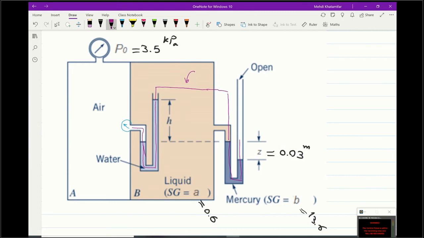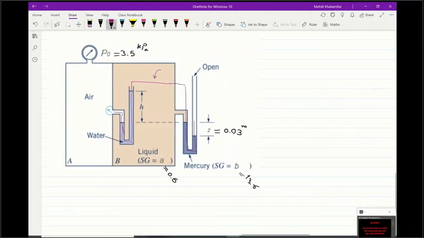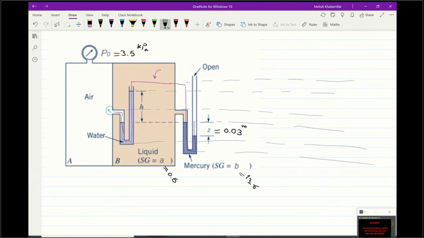So let's redraw the whole thing, the simplified version. Okay. I'm going to have that gauge here.